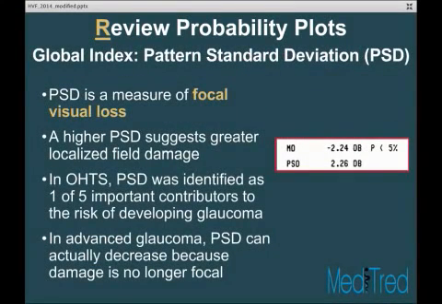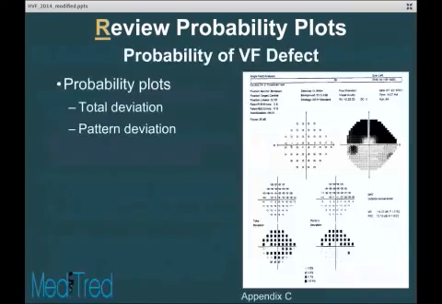As mentioned before, the pattern standard deviation is a measure of focal visual field loss. A higher pattern standard deviation suggests more localized field damage. In advanced glaucoma, when the entire visual field is more affected, the pattern standard deviation can actually decrease because the damage has become less focal.